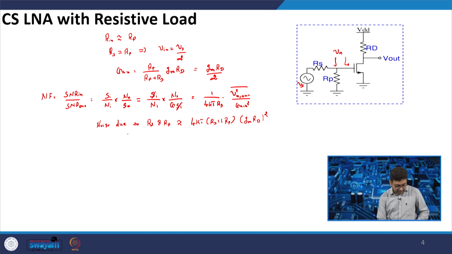Now, the noise due to the transistor M. If we see the current, that is 4kT gamma Gm noise current, which we have already discussed as the thermal noise.